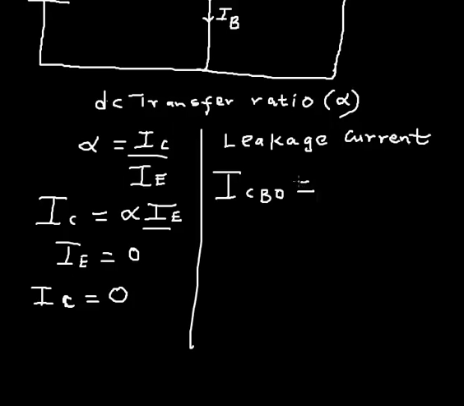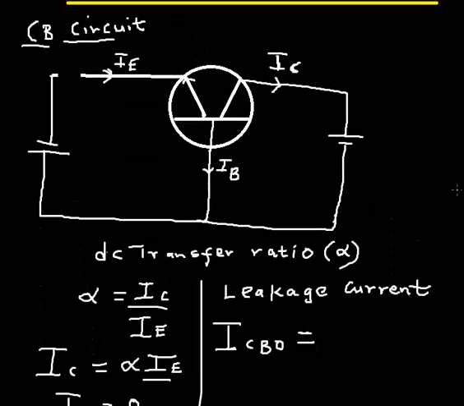Why is it called ICBO? It is the current flowing through the base-collector, because base-collector is my output, as you know already, when the emitter is open. So, current through the collector base with an open emitter.